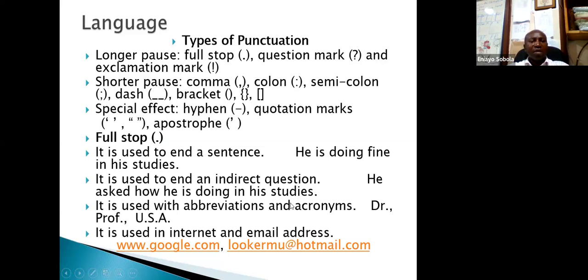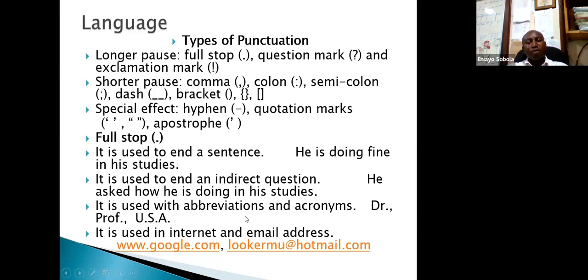And moreover, it is also used with abbreviations and acronyms. But the use is optional, not compulsory, like doctor, prof, and the rest. In most writing now, all these are being removed, but in conventional write-up, you are still expected to use them.